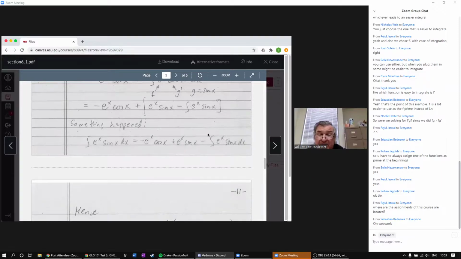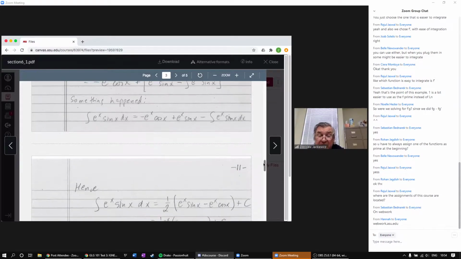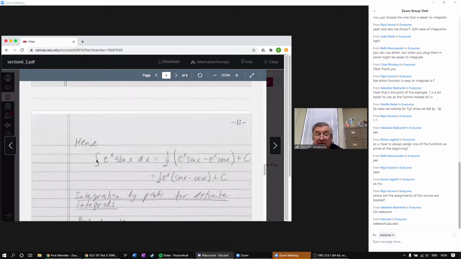However, that's useful because you see that here we have a plus sign and here a minus sign. So we can move this to this side, and we get twice the integral of e to the power x sine x dx equal to this. So twice what we want to compute. If you divide by 2, you get your answer.